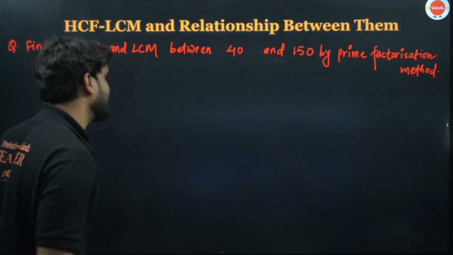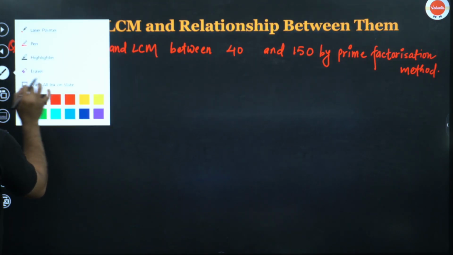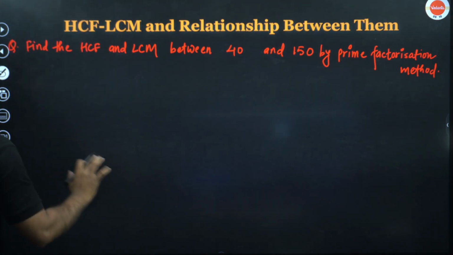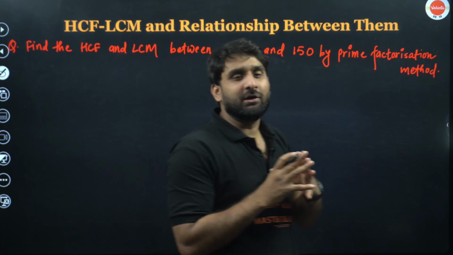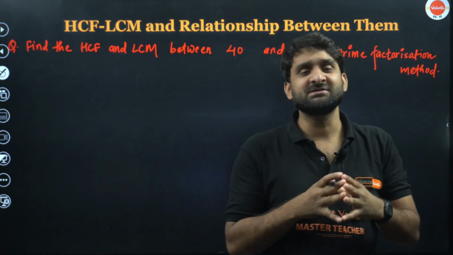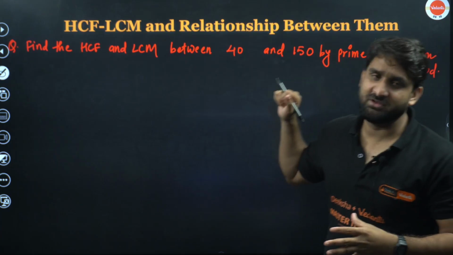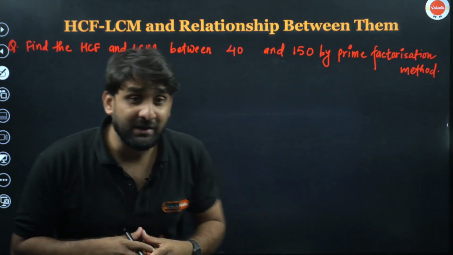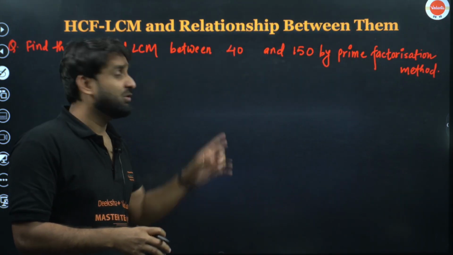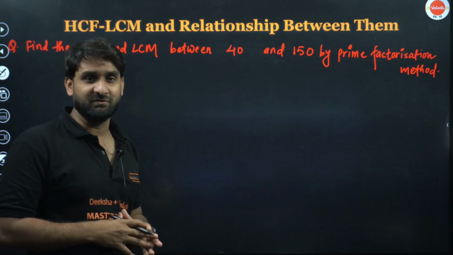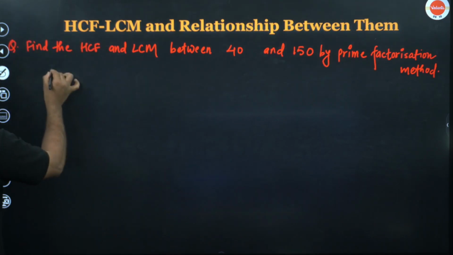So let's solve the question. Everyone, please listen to me carefully. To find the HCF and LCM of two or three integers using the prime factorization method, first we have to write the prime factorization of all the given numbers. So first is 40.